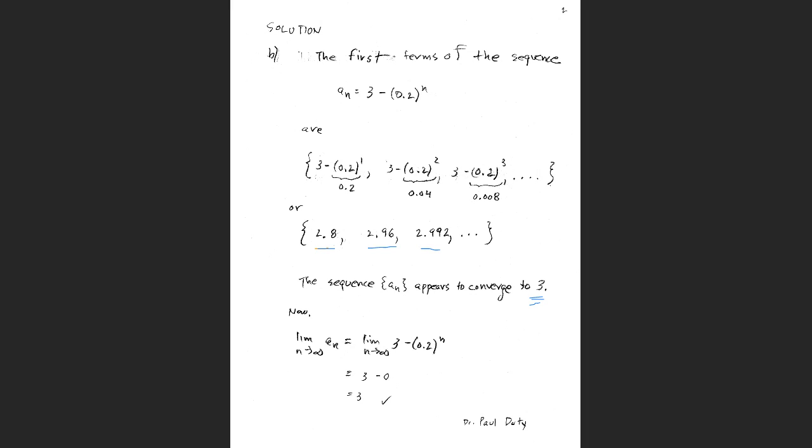I mean, 2.992, that's pretty close to 3. Well, if I take the limit of the nth term of the sequence, I get 3. And so the sequence converges to 3.